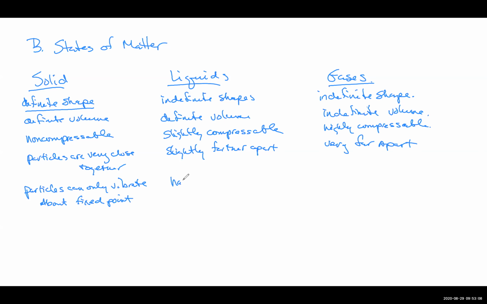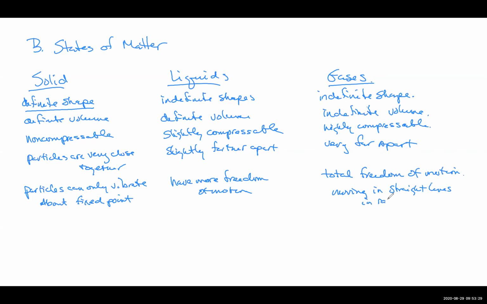Liquids have more freedom of motion. And gases, if they're ideal, which we'll talk about later, have total freedom of motion. Gases are typically moving in straight lines in random directions until a collision occurs.